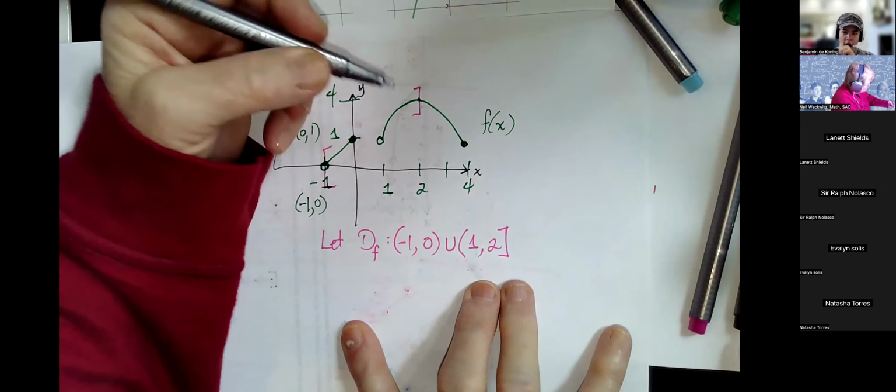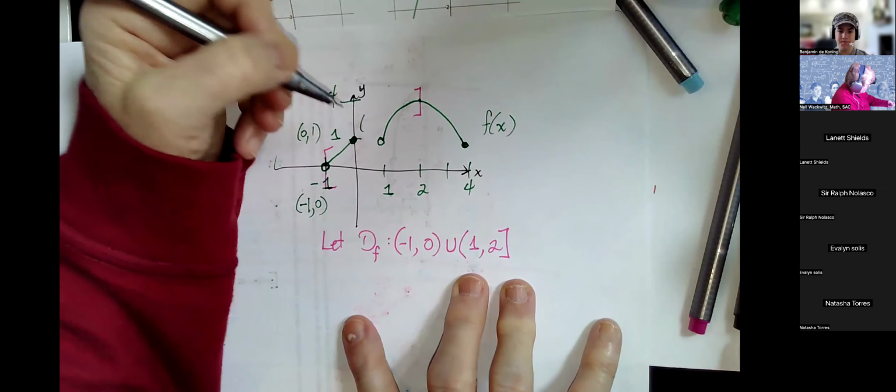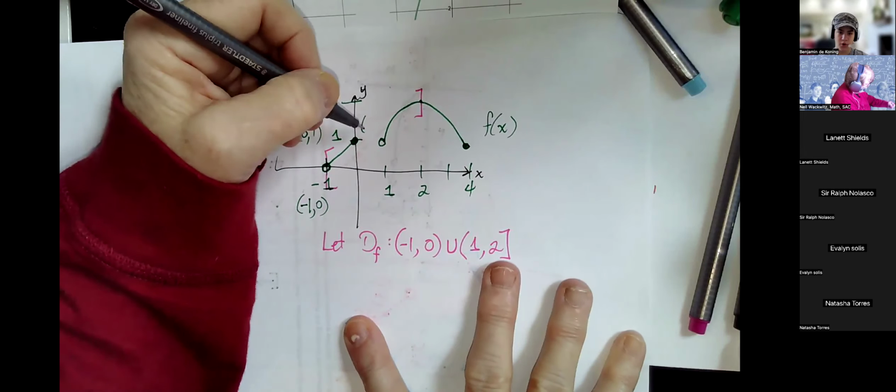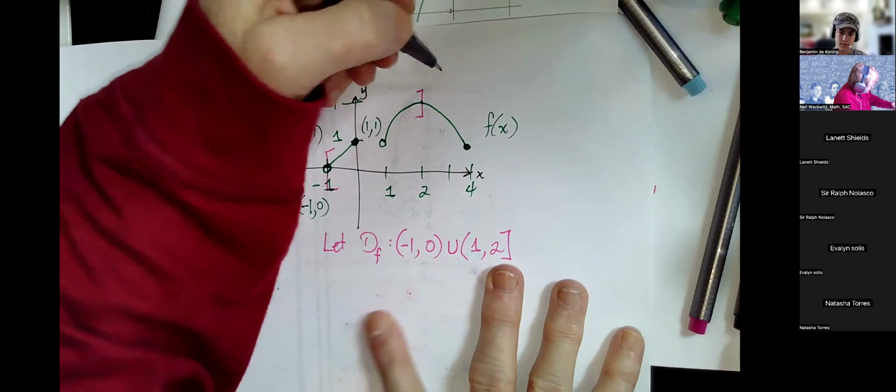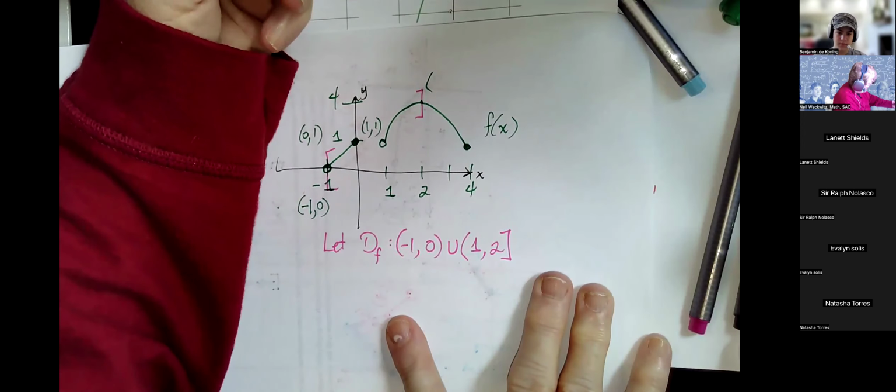That's right. We're just looking to write down the points here. So this point on the y-axis is just 0, 1. And the point that we're not going to include, but that will help us, is 1, 1. And the top, 2, 4.